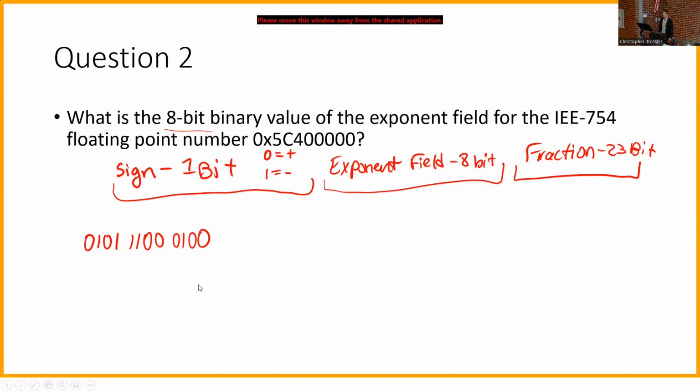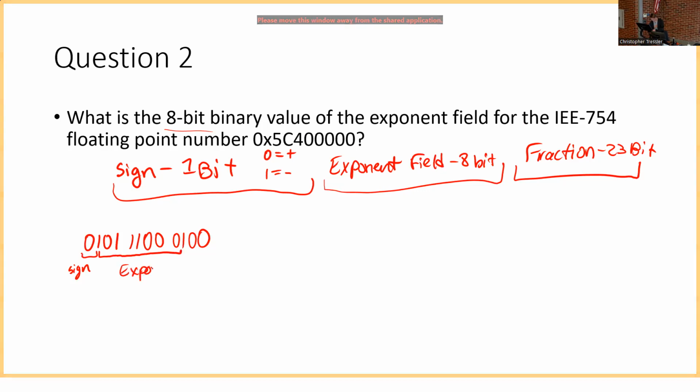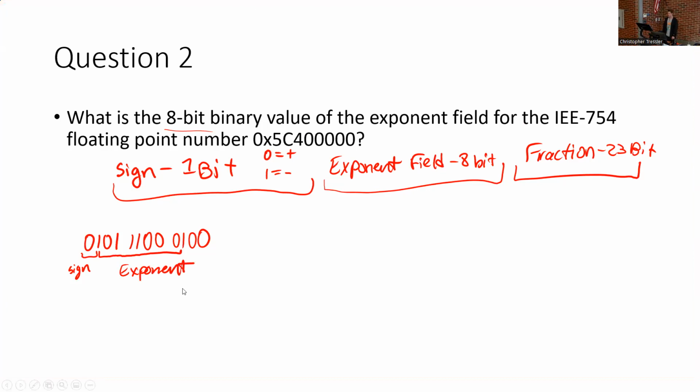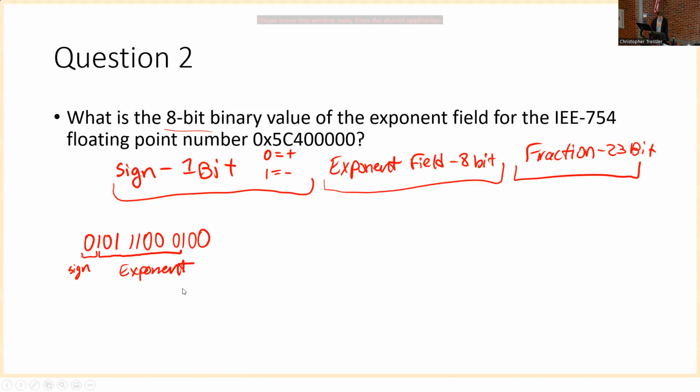So essentially what's going to happen here is this is the sign. And the next 8 bits, 1, 2, 3, 4, 5, 6, 7, 8, these would be the exponent right here. So that's how we get that exponent. Let me make sure this is correct.